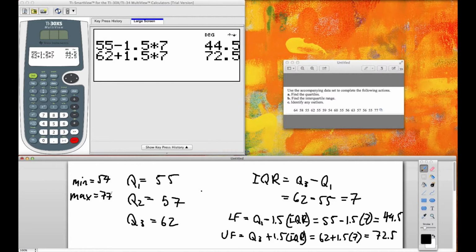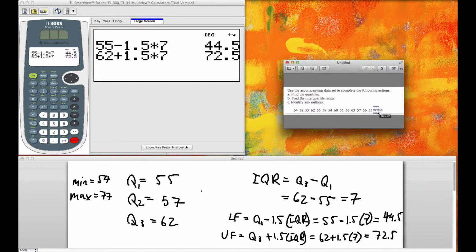So we know that the minimum of our list of numbers is 54. So we know that there's not going to be anything lower than the lower fence of 44.5, since our minimum is 54, but we know that the maximum is 77, which is higher than the upper fence. And that gives us the hint that the number 77 is going to be an outlier.